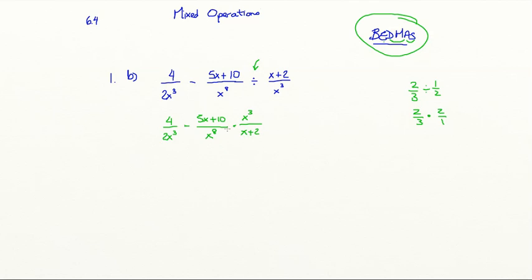Now I can multiply those two fractions together. I cannot subtract yet. Subtracting is the last thing I'm going to be doing here. And I'm noticing I have x cubed divided by x to the 8th.